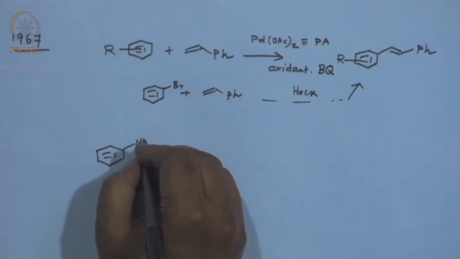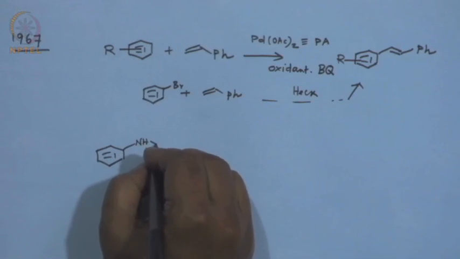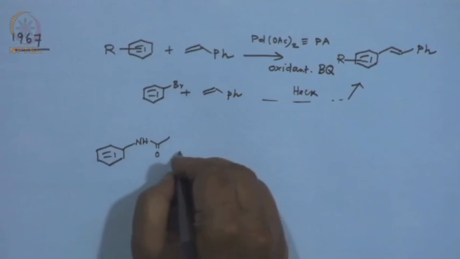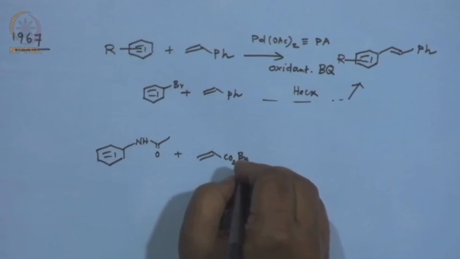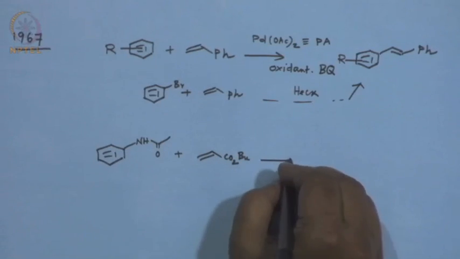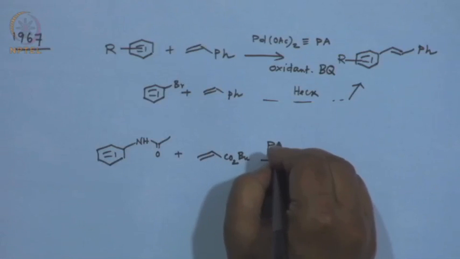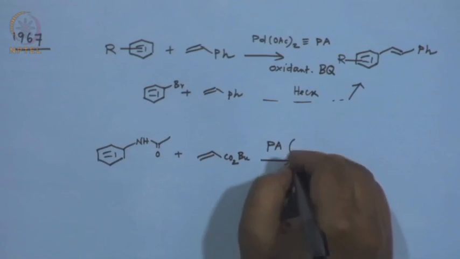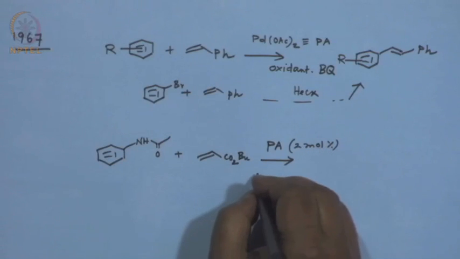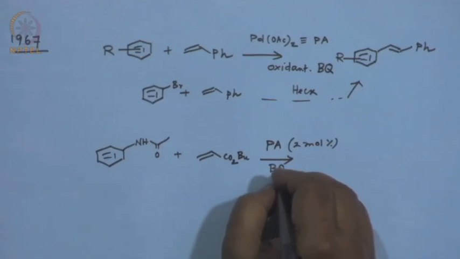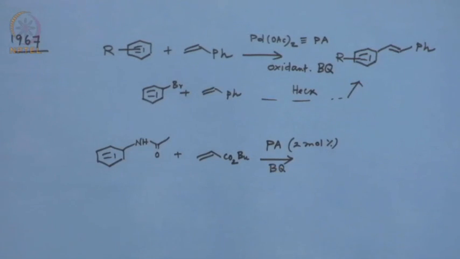Suppose you take acetanilide and then as usual an acrylate, in this case butyl, because it has a little higher boiling point, and again PA, palladium acetate, in a very small mole percent, and then BQ. So, mind it, now it is an oxidizing agent.